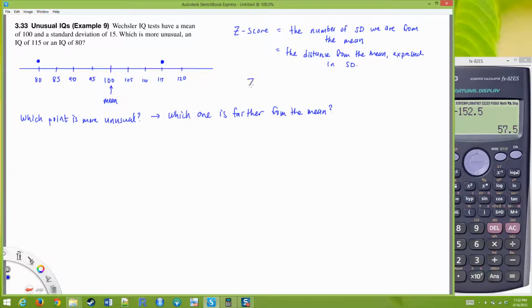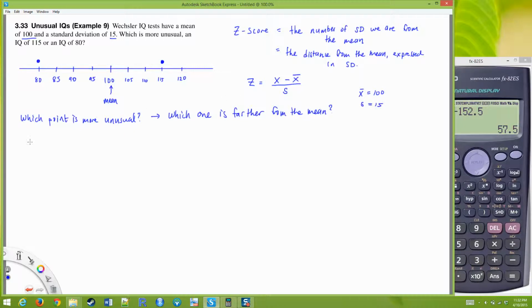The formula for a z-score is z is equal to x, the data point, minus the mean, which is x bar, divided by the standard deviation s. In our problem, we have a mean of 100 and a standard deviation of 15, so our x bar is equal to 100 and our s is equal to 15.